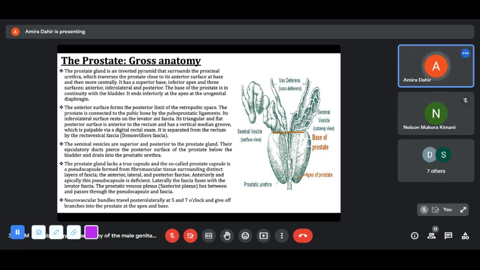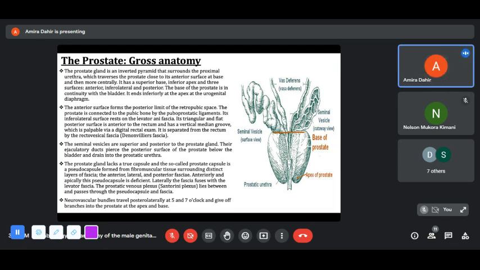Superior and posterior to the prostate gland, the ejaculatory ducts pierce the posterior surface of the prostate below the bladder and drain into the prostatic urethra. The prostate gland lacks a true capsule, and so the so-called prostatic capsule is a pseudocapsule. Anteriorly and apically, this pseudocapsule is deficient.